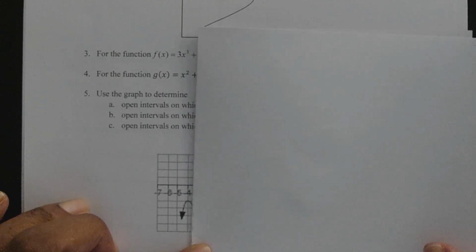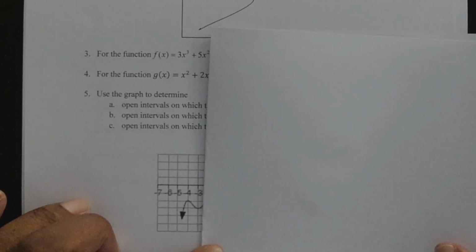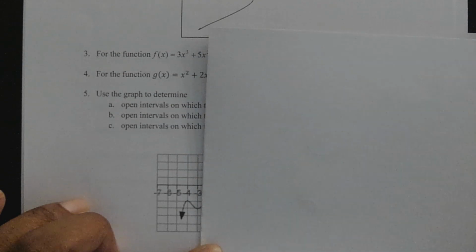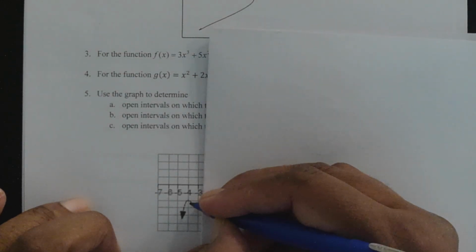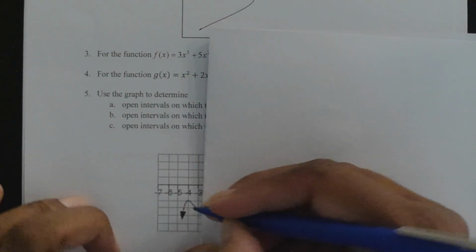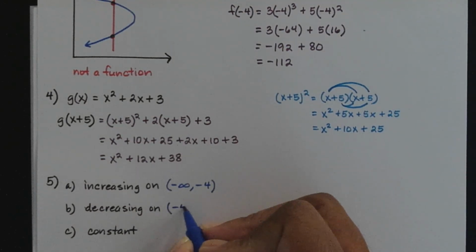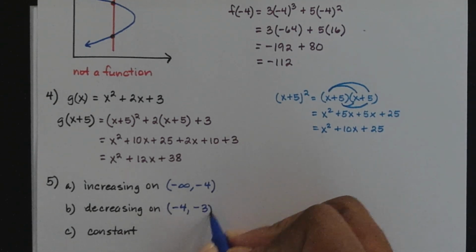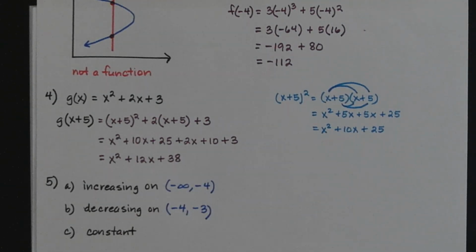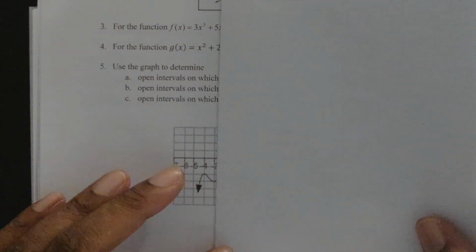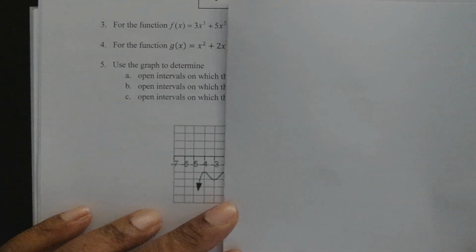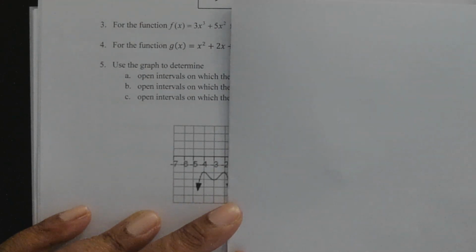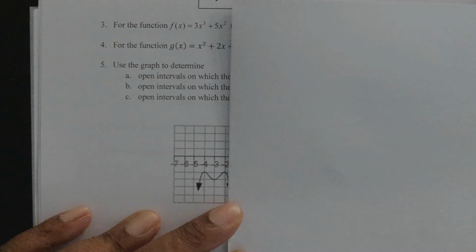All right, so now from -4, we can see that it's decreasing, and it stops decreasing at what x value? -3. So between -4 and -3, the graph of the function is decreasing. And notice I'm using parentheses on these intervals. We always use parentheses. And then after -3, it increases again, and it stops increasing at what x value? -2.